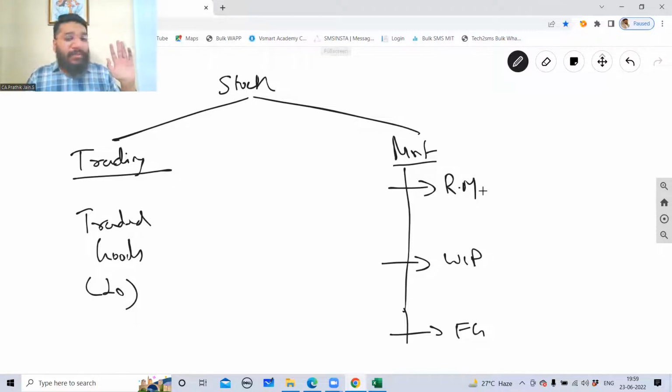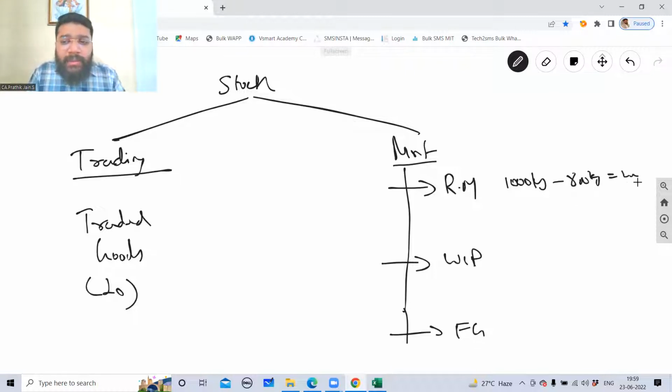All these are raw materials. Suppose I purchased 1000 kgs of flour. Is it necessary that by the end of the year I'll consume the full 1000 kgs? Not necessary. Of that, 800 is consumed in manufacturing, so 200 is remaining. Somewhere I have to make a note of it, so I'll record it under raw material. So this is closing stock.